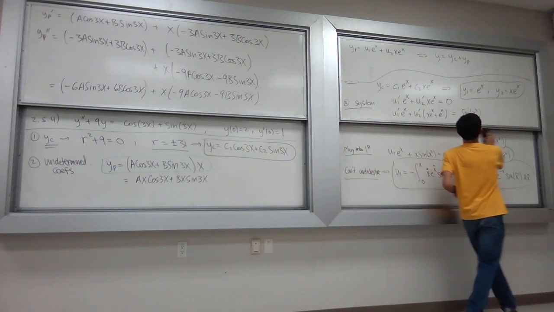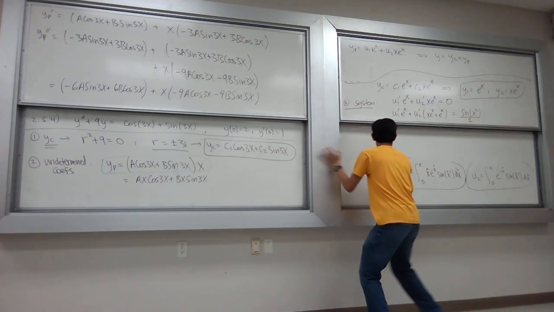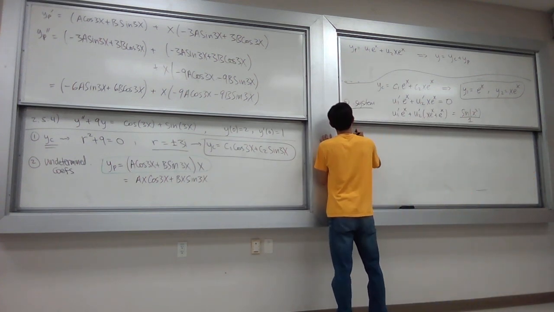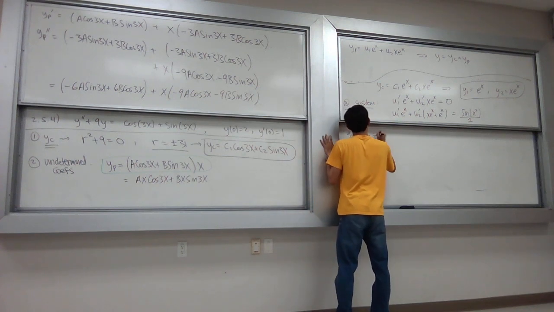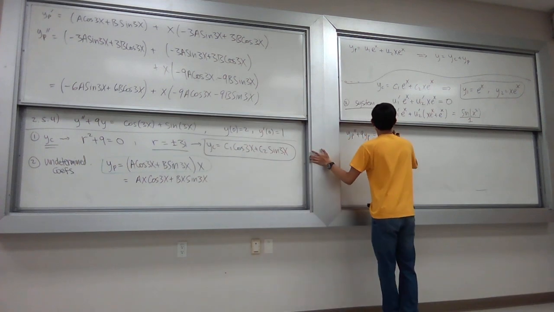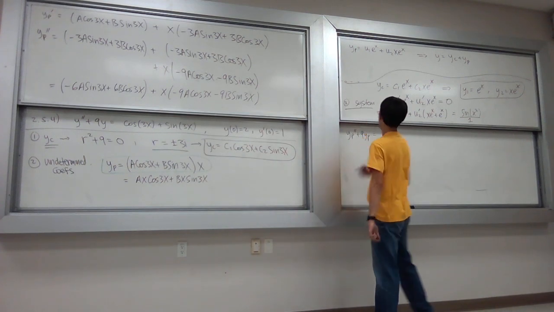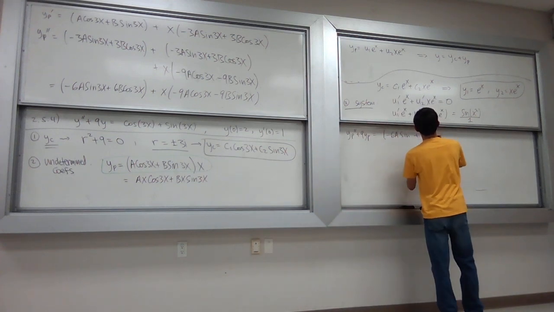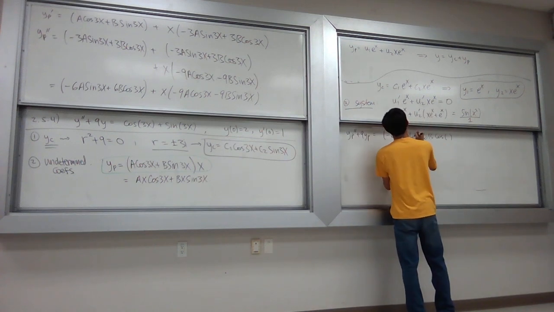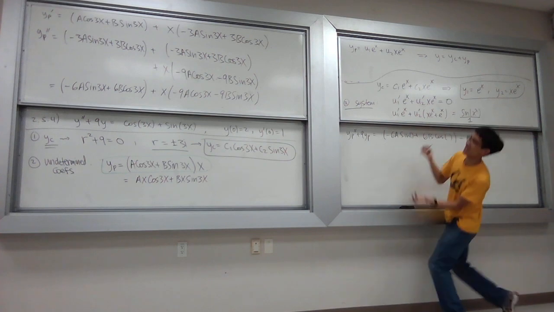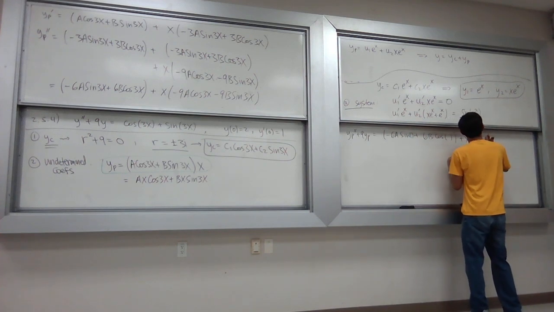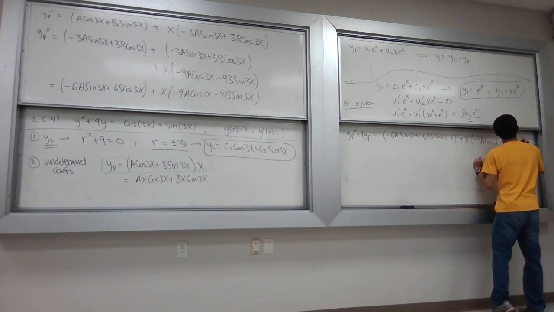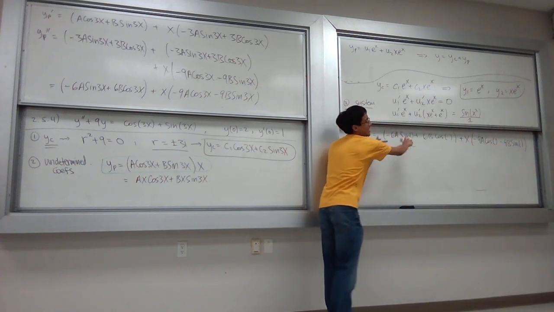So here, plug it in. yp double prime plus 9yp is this: negative 6a sine plus 6b cosine, plus x times negative 9a cosine minus 9b sine. Inside all these brackets is a 3x.